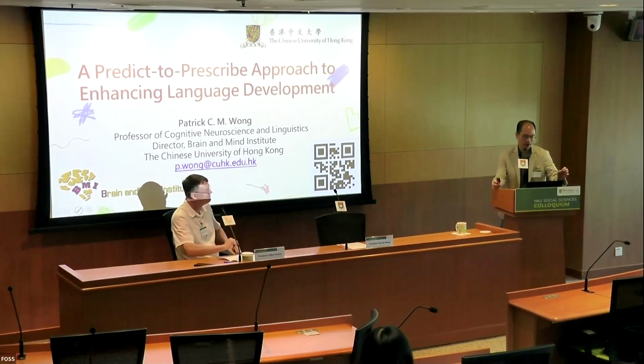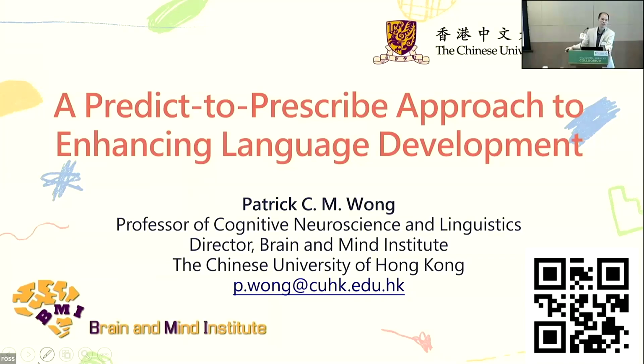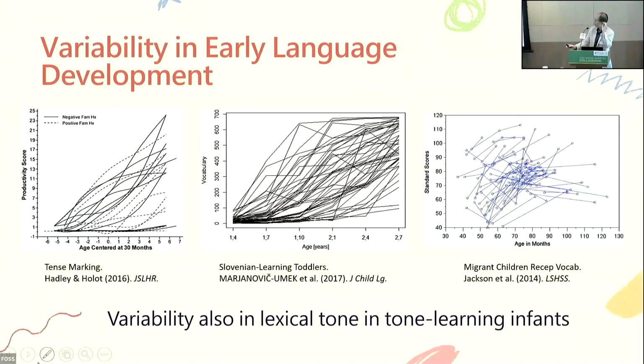So I'm going to talk about language development in children. One thing that we know about language development is that it's actually quite variable across individuals, across learners. Here I have three different examples of the learning trajectories of three groups of children from three different studies.